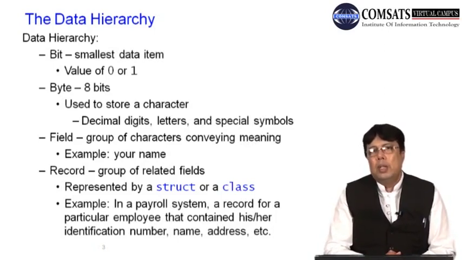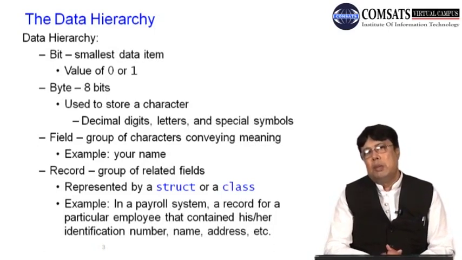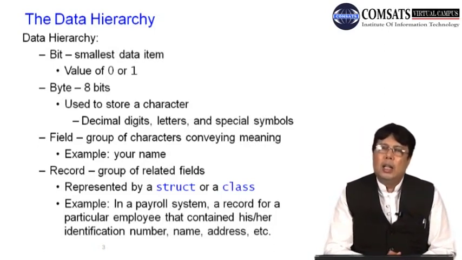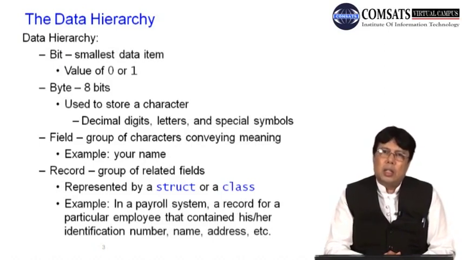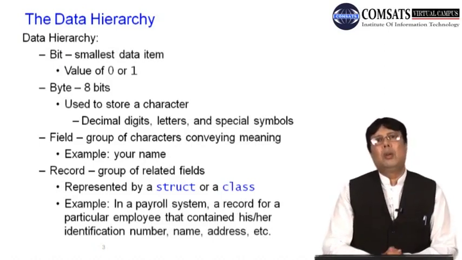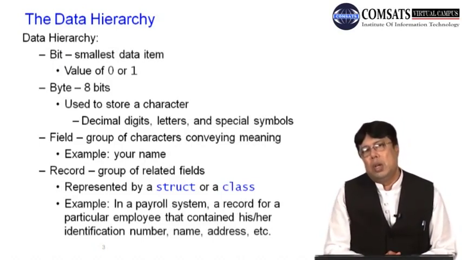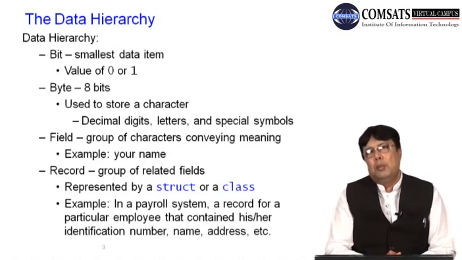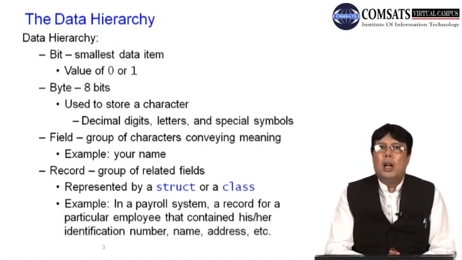We have another code, EBCDIC, that is also an 8-bit code, and there is another code known as Unicode, which is a 16-bit code. But in this particular course we have not used Unicode; it is a provision provided by the operating system. So we are dealing with ASCII code.